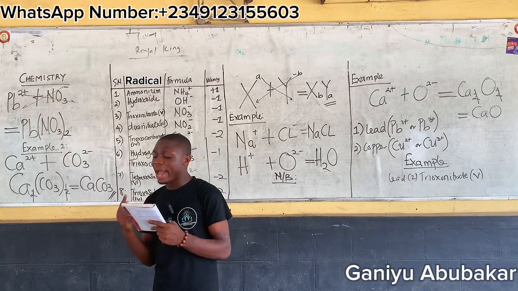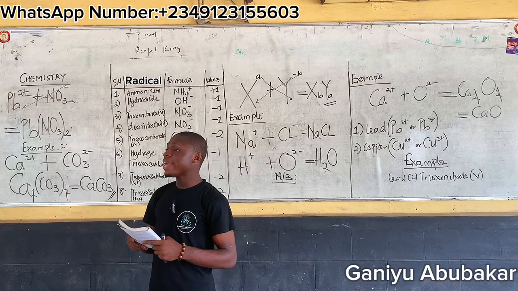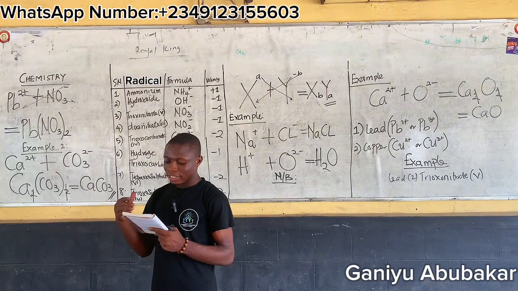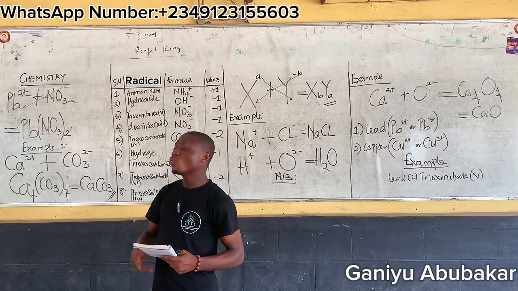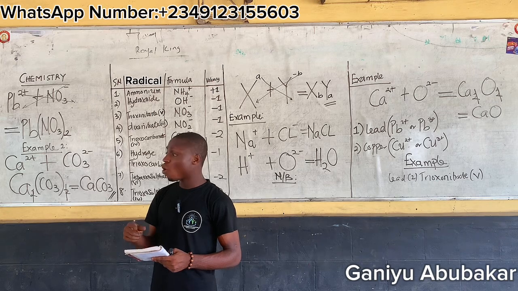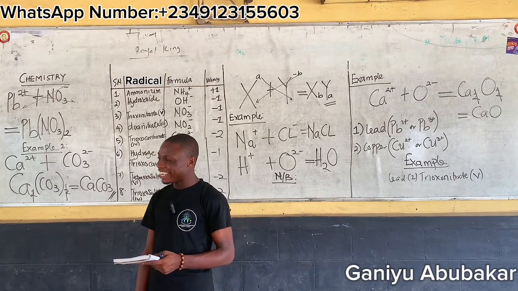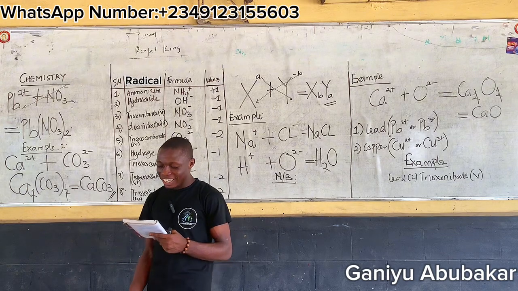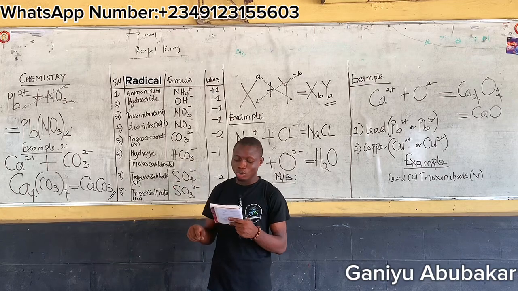While element Y has 6. Question: which element has 6 electrons outside? Oxygen. Yes, 2, 6. That's the concept. While element Y has 6. Full stop.